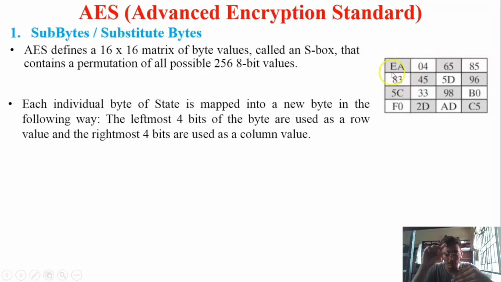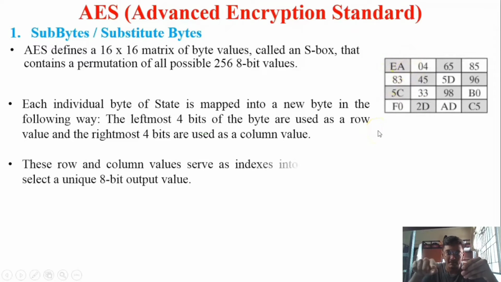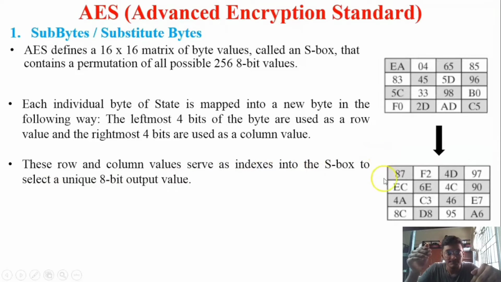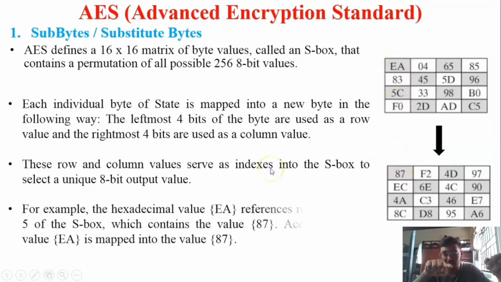This occupies 1 byte, so it is 8 bits: E occupies 4 bits and A occupies 4 bits. In the S box you look at the row of E and the column of A, and it generates a new value, so we can substitute it here. The row and column values serve as an index into the S box to select a unique 8-bit output value. You can see EA replaced by 87. How? We will discuss later on.